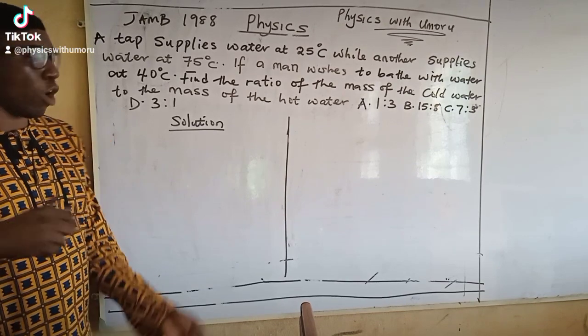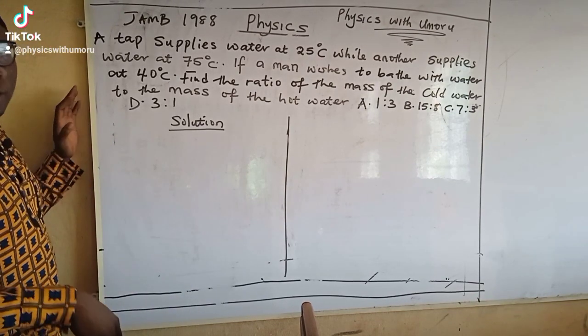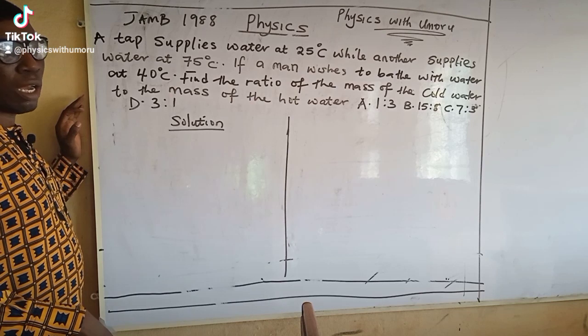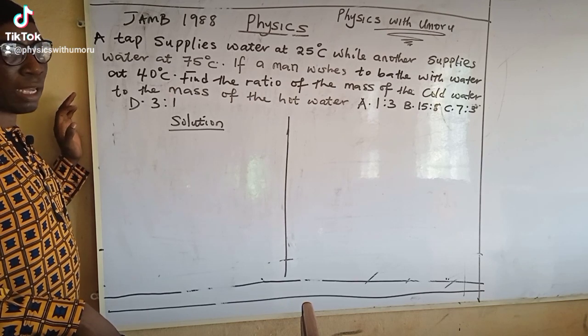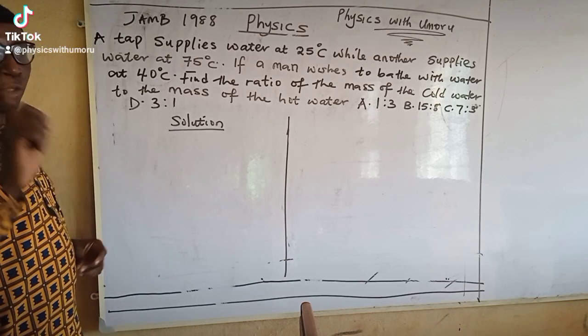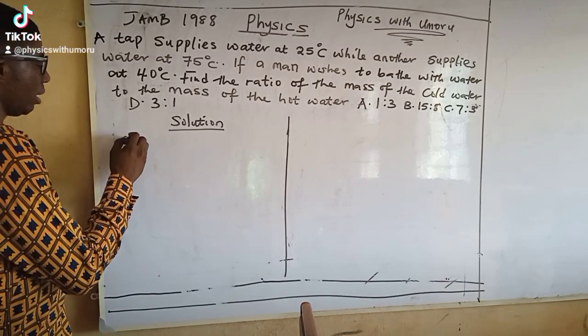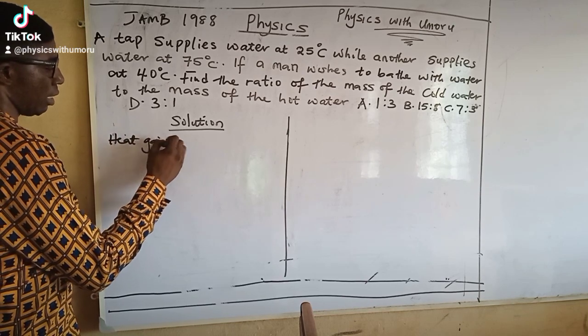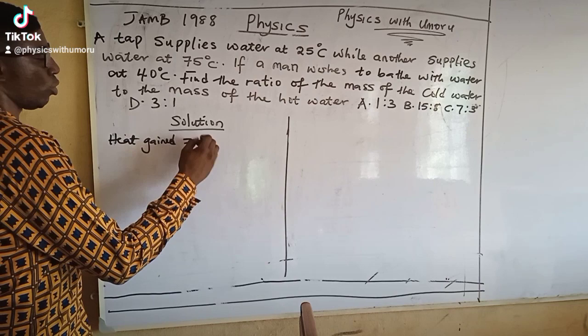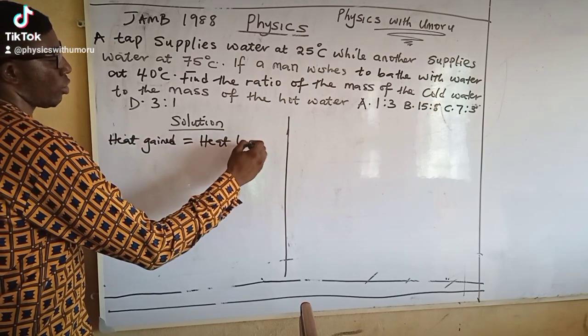To solve questions like this, especially from the topic heat energy, that is specific heat capacity and heat capacity, one thing you should always note is that heat gained is always equal to heat lost.